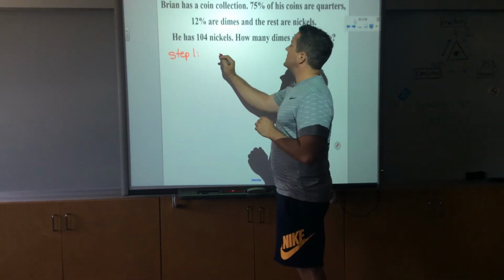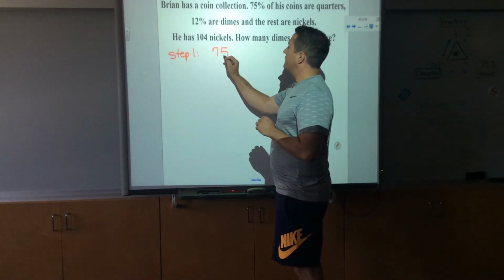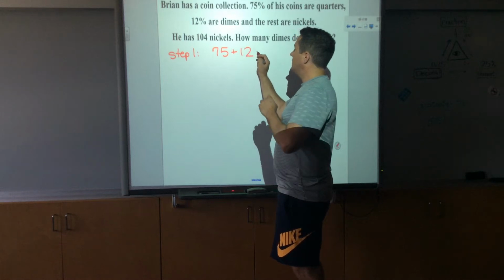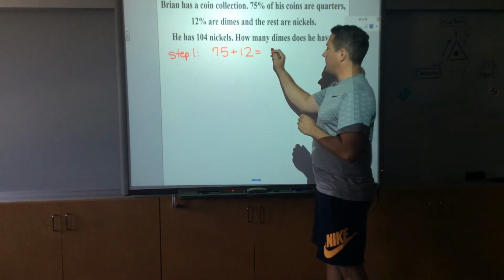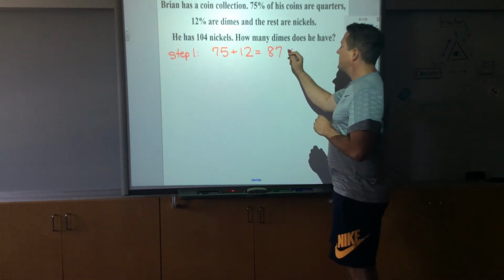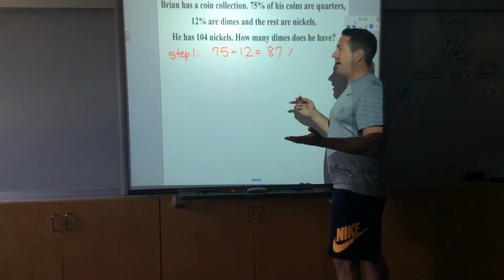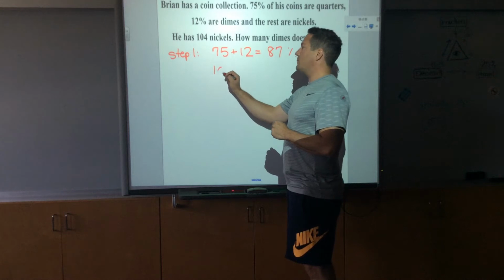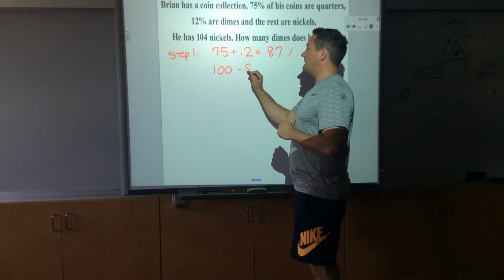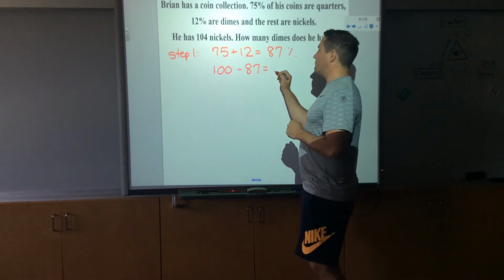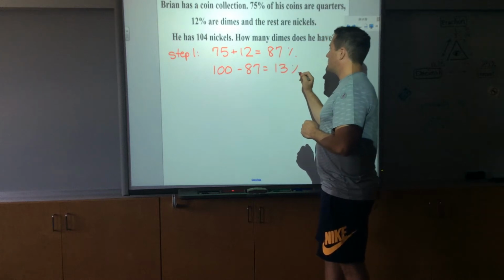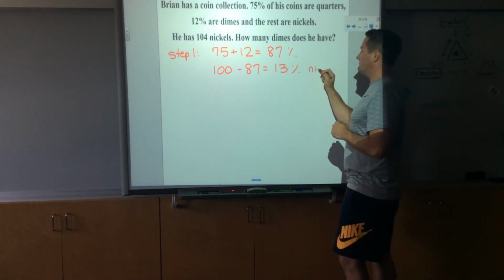So I need to do 75 plus 12, and that will give me 87. 87% are not nickels, but the rest are. So I'm going to do 100% minus 87, and that gives me 13% are nickels.